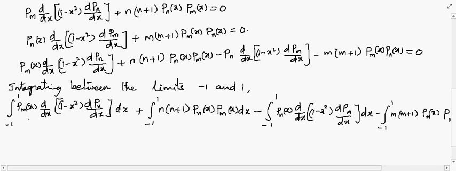Now we will integrate the first term using integration by parts.